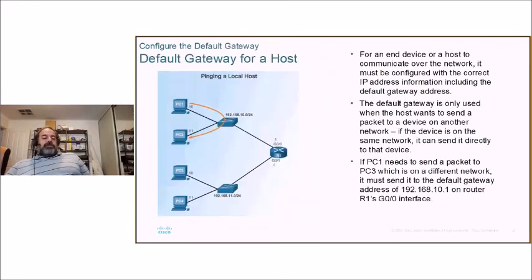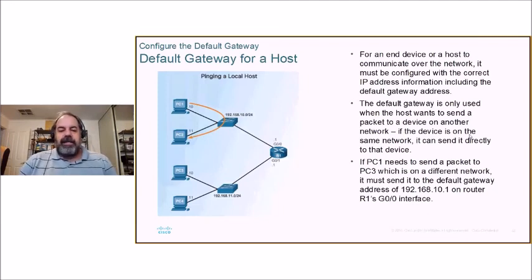Now, of course, once you've got a gateway, you've got to tell your hosts who the gateway is. For an end device or a host to communicate over the network, it must be configured with the correct IP address information, but it also needs default gateway information. The default gateway is only used when the host wants to send a packet to a device on another network, so from PC1 to PC3 or 4 is when it'd have to use the router. If it's on the same network, it can talk directly to it.